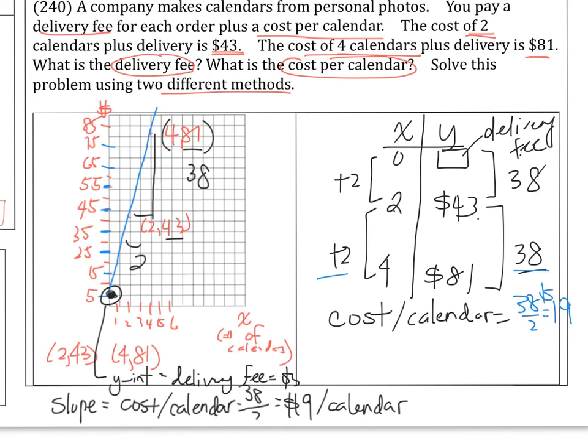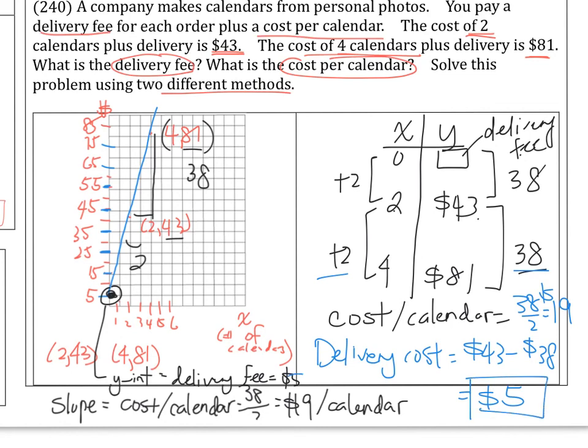And the delivery cost would just be $43 minus 38, which is $5. So I meant to write a 5 here, so it's the same. Okay, and $19, it's also the same.